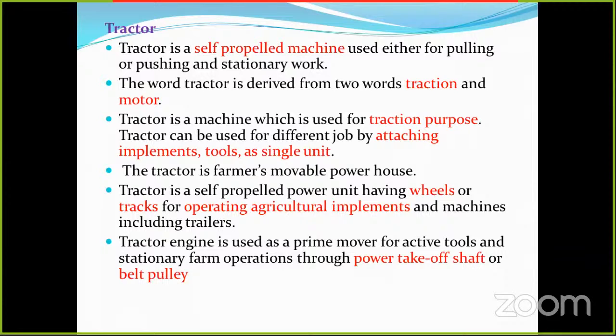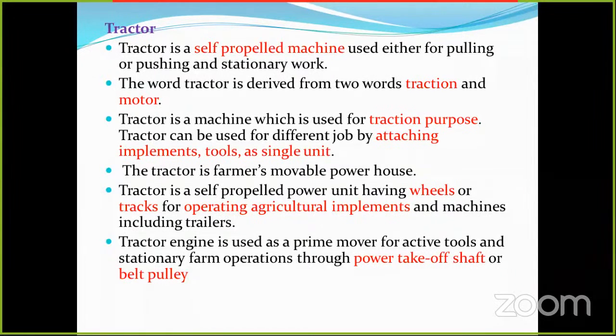Next, stationary work. As the name itself says, the entire system is placed at one place. Let us take a multi-crop thresher. Whatever crop produce we harvest from our field, we have to gather at one place, and the multi-crop thresher has to be taken to a single position.